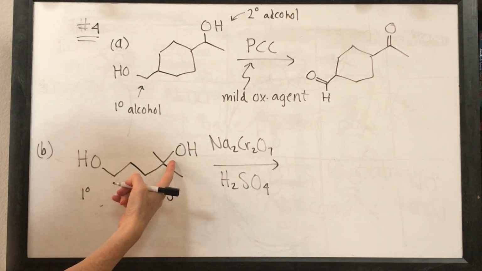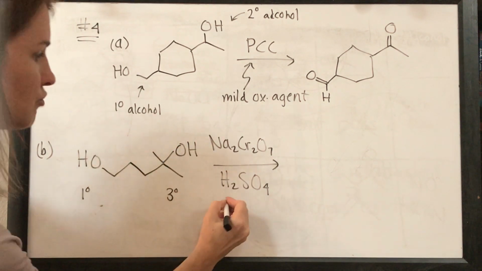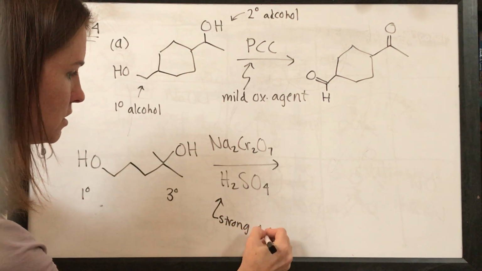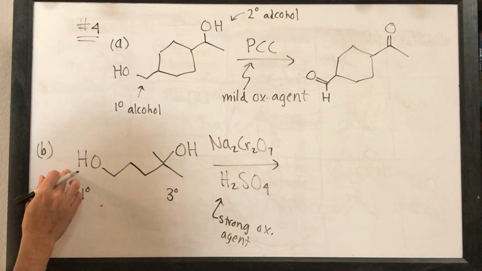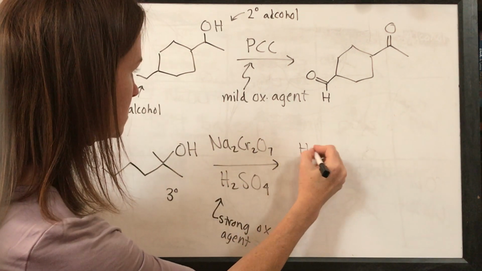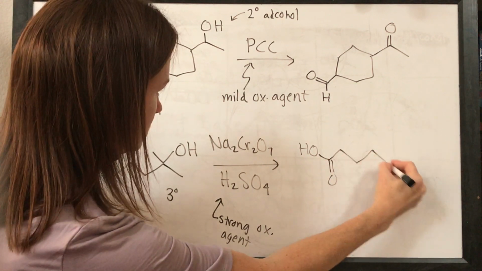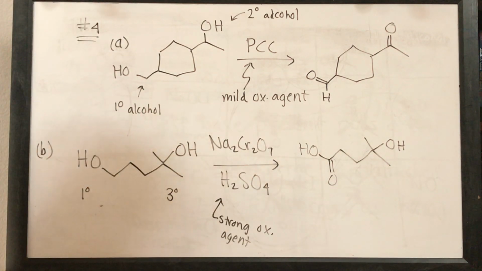Tertiary alcohols, there's no proton to pull off there, so I cannot oxidize that alcohol. But the primary alcohol with a really strong oxidizing agent, that will get oxidized all the way to the carboxylic acid. And then nothing happens to our tertiary alcohol. So there's my final product in letter B.